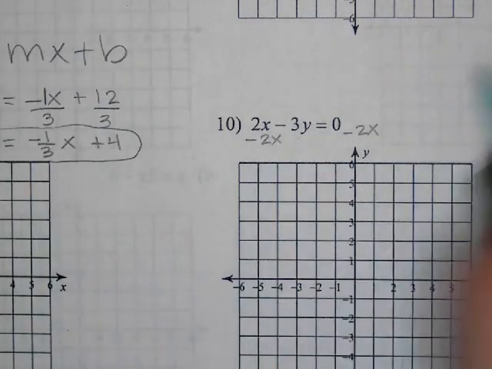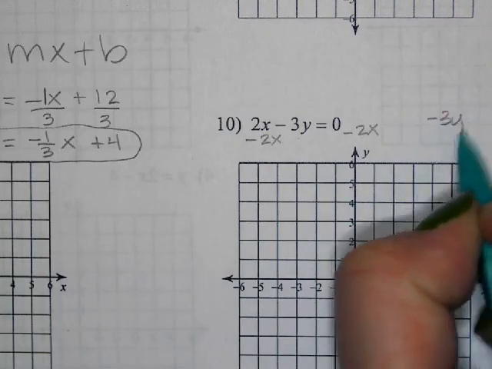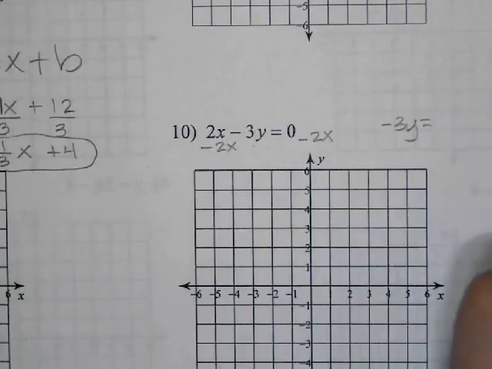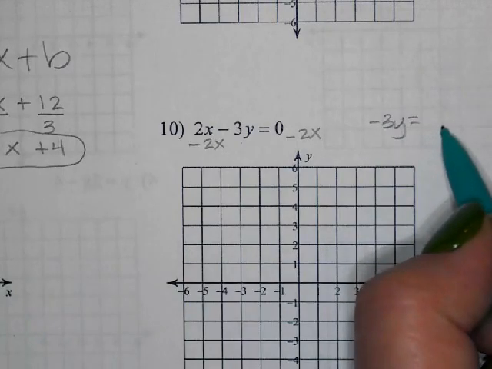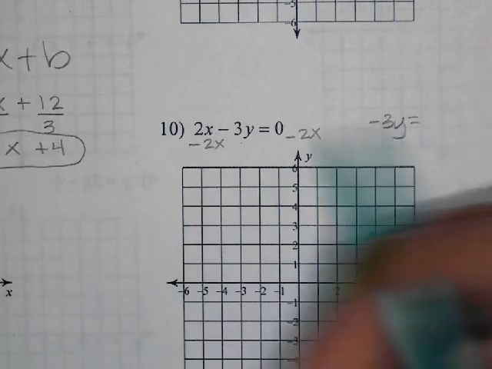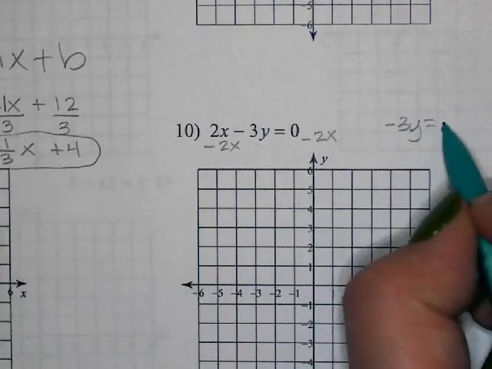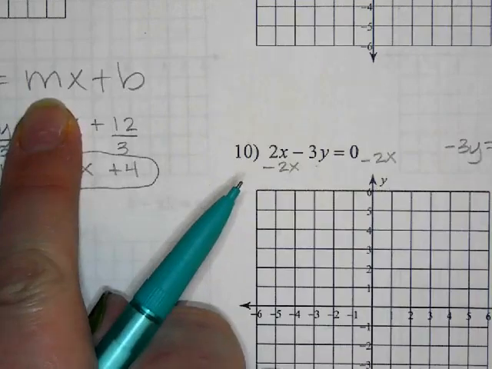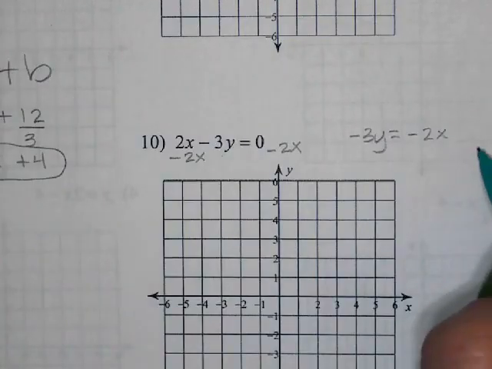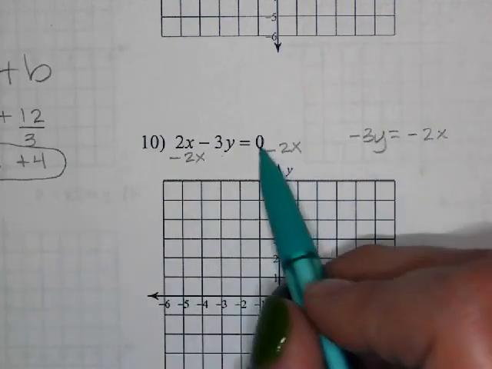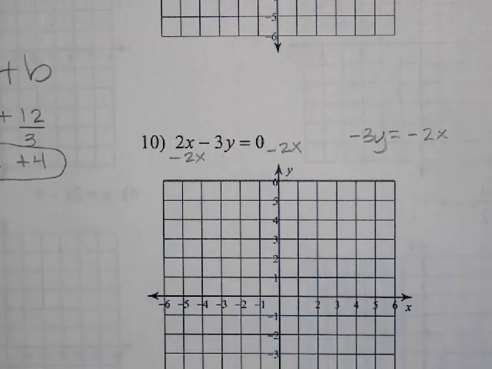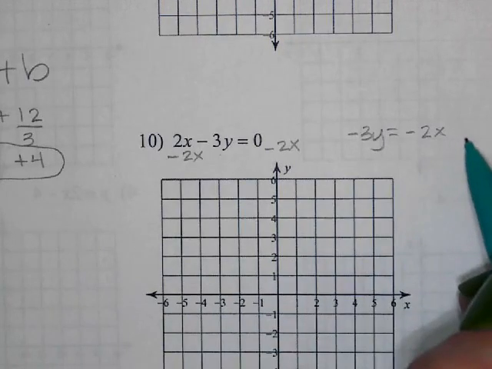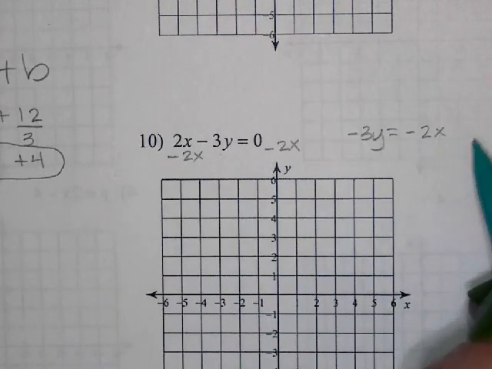And what should I write on the right side? Negative 2x gets written first, right? Because this is our goal, so we want the x to be written first. And we can put the plus 0 on the end if we want, but we don't have to because it's a 0. Do you guys want to put the 0 on the end, or do you want to just ignore it? Ignore it? Okay. And then how do we get the y alone?